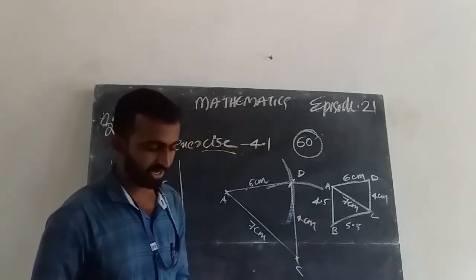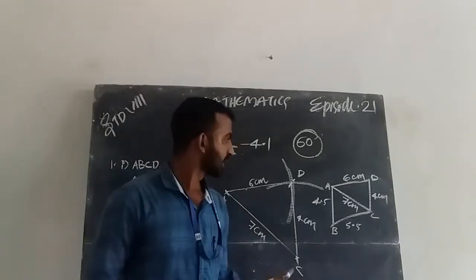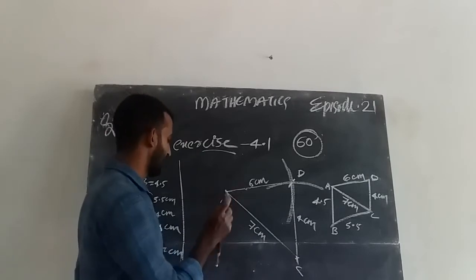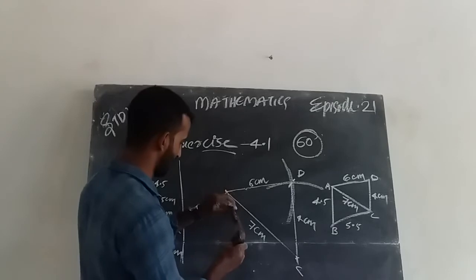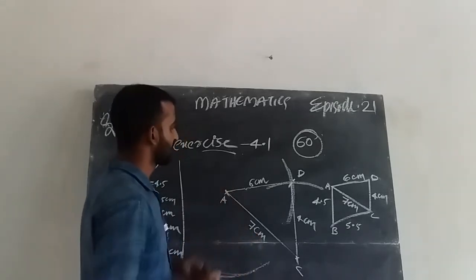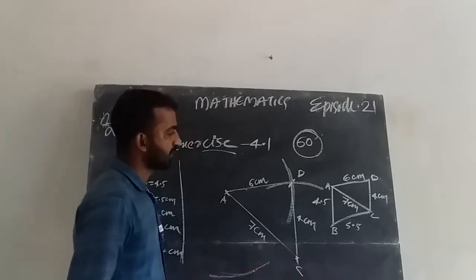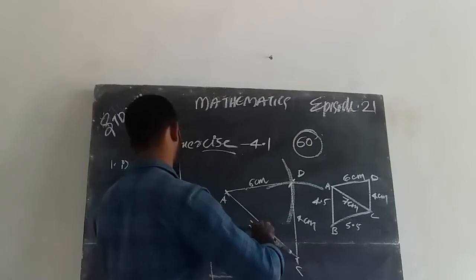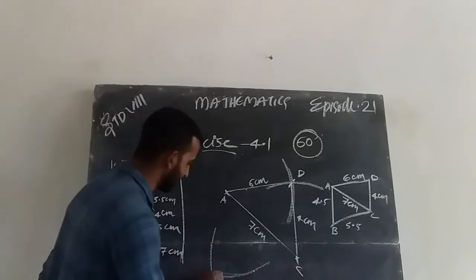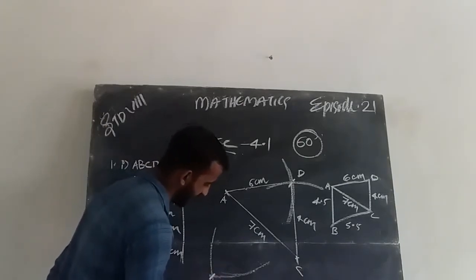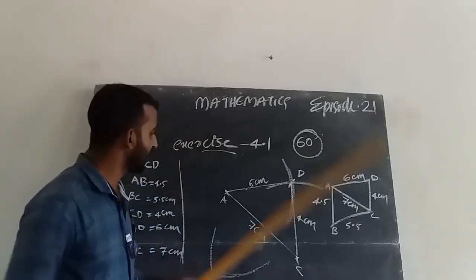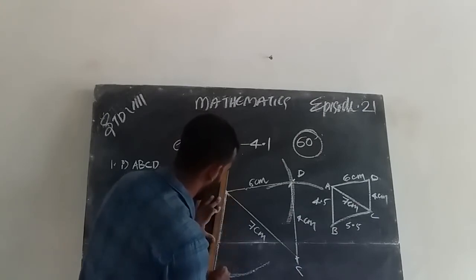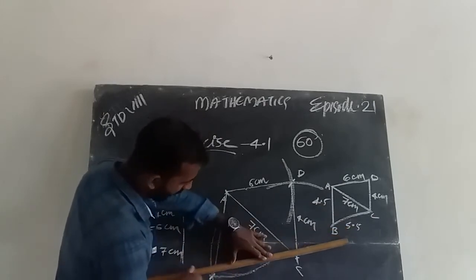And we take 4.5 centimeter. We draw an arc with 4.5 centimeter with the center A. Next we take 5.5 with the center of C. Then we get an intersection, that is here B, and we join the points A, B. And join the points C, B or BC.